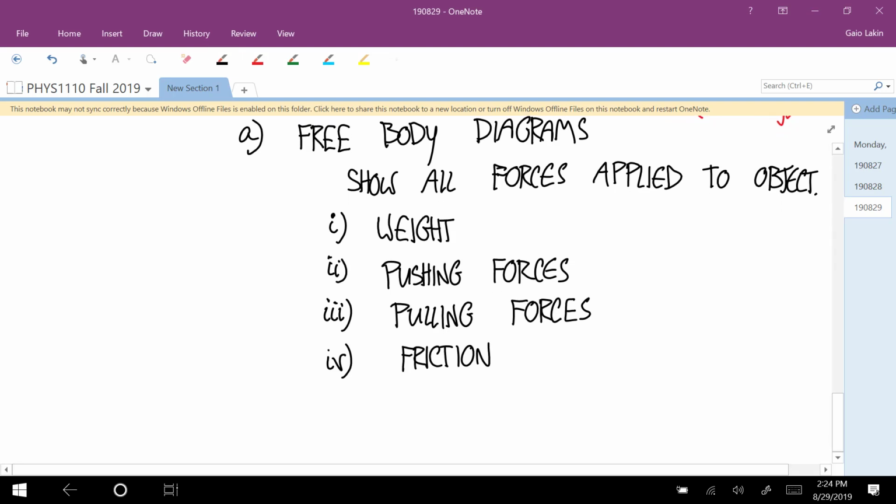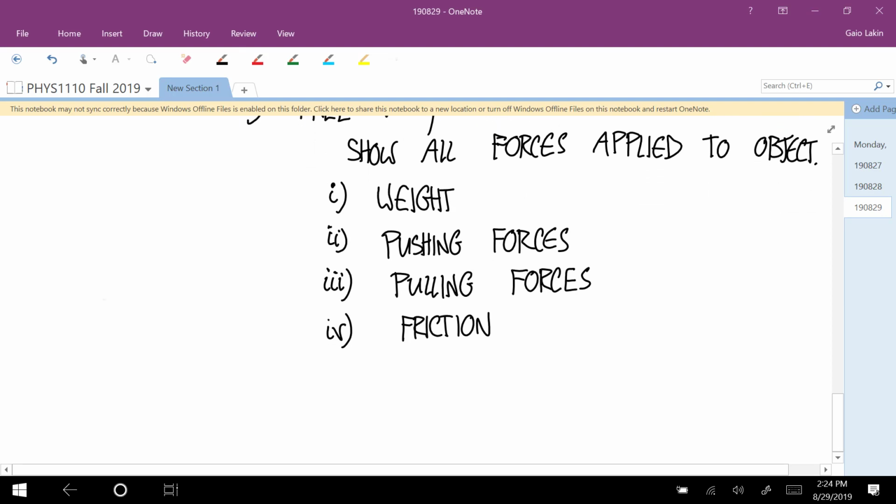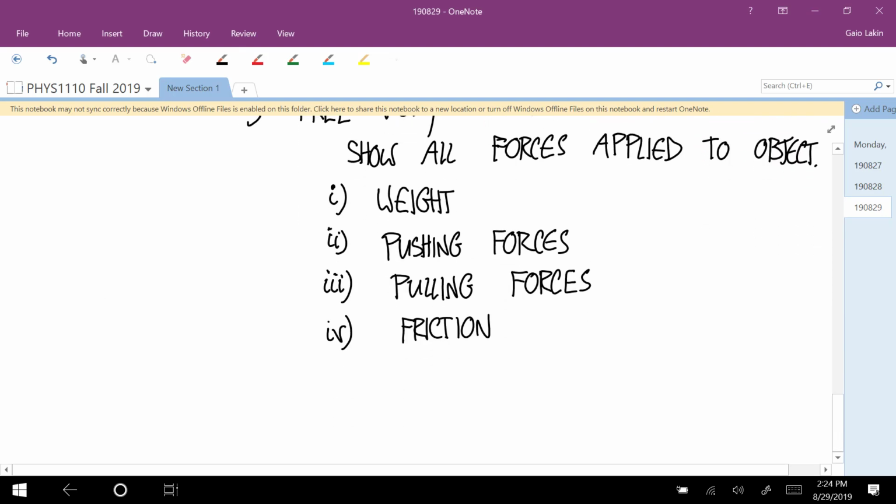And after we're done talking about how to draw free body diagrams, we're going to get into sort of the heart of kinetics, which is Newton's laws.